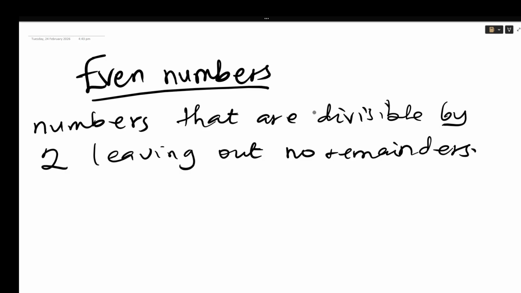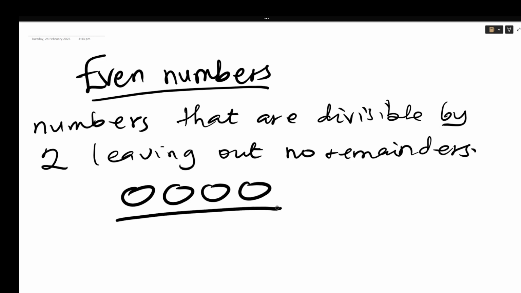So when we say an even number, it's a number that when you divide by 2, there will be no remainder. For example, if I have 4 oranges, orange 1, orange 2, orange 3, orange 4, and I divide by 2, everyone is going to get 2.